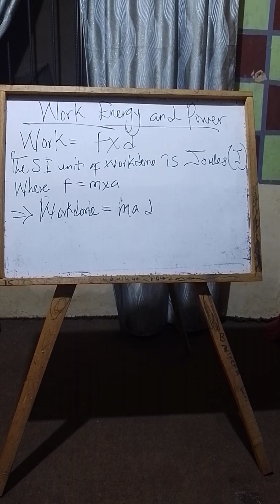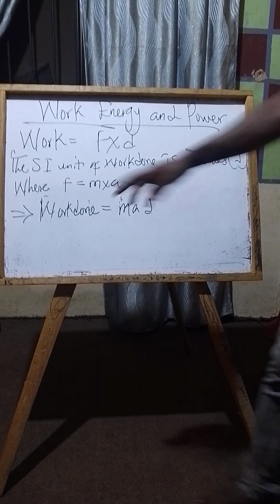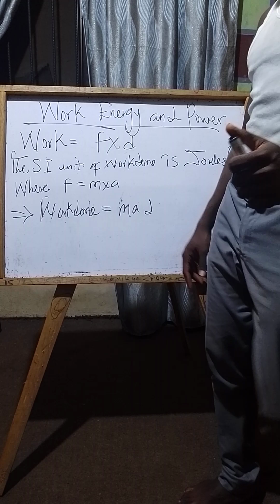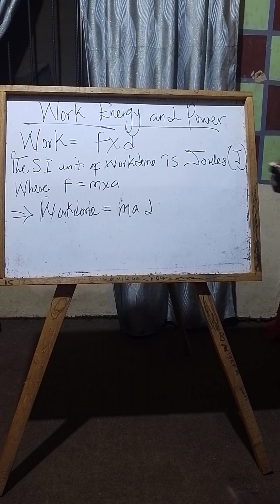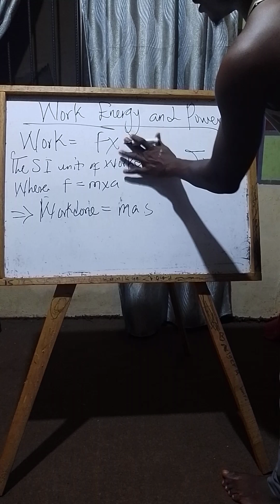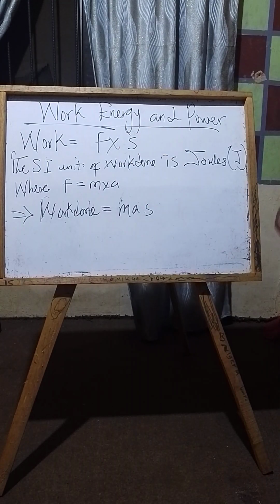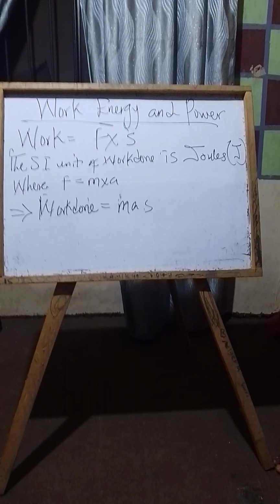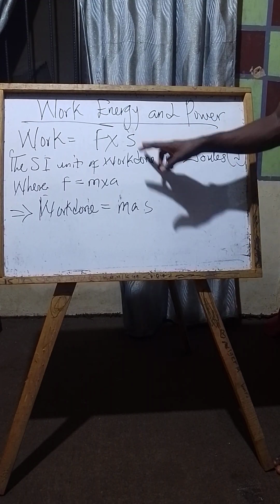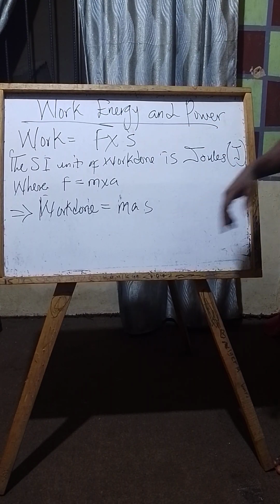Are you getting that? Now it means work done is equal to mass times acceleration times what? Distance. Normally in physics, distance is not written as D, it's written as small letter s. So for proper understanding, as a student, you should know when to represent these things.